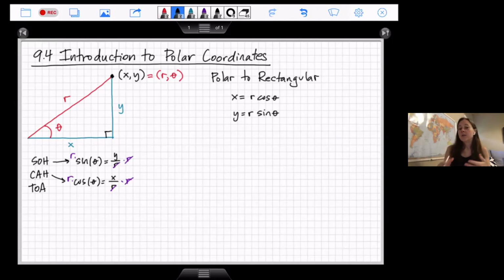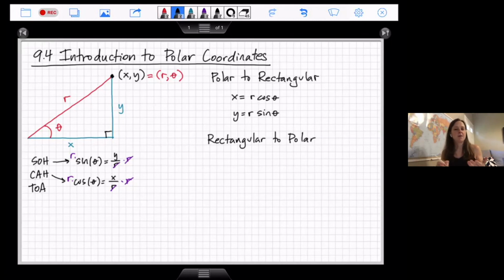All right, going the other way, we need formulas that are going to help us get from rectangular to polar. Okay, so this is still going to be based on the right triangle. We're going to use the TOA, the tangent, in a second, but the first one is the easiest one that we've kind of overlooked, and that's the Pythagorean theorem.